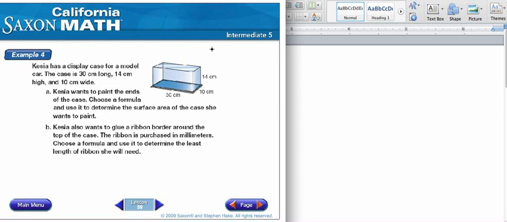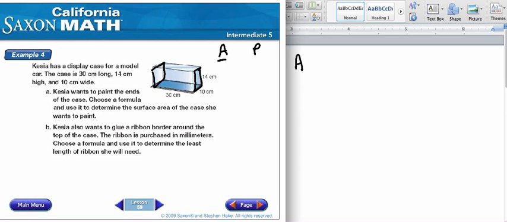So remember, I have formulas for area and I have a formula for perimeter. So Keisha wants to paint this end right here and this end over here. So because she wants to paint the whole area and not just the outside edge, we're going to choose the area.